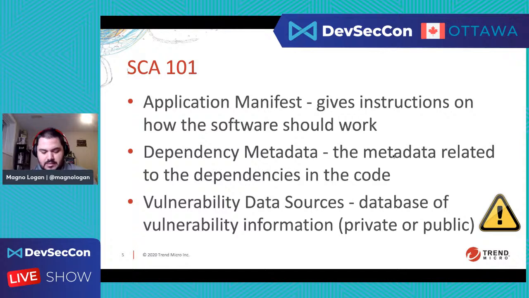Okay, that's fine. I can do that. But to check and correlate whether my library is vulnerable, outdated, or has any kind of licensing issues, I need some kind of data source, right? And the data source that we usually use is called the vulnerability data source, which is basically a database of vulnerability information about those libraries, right?